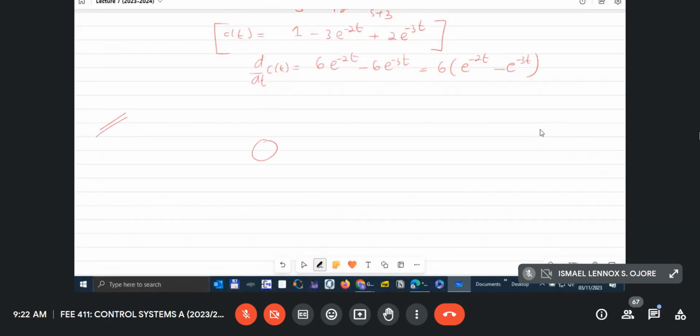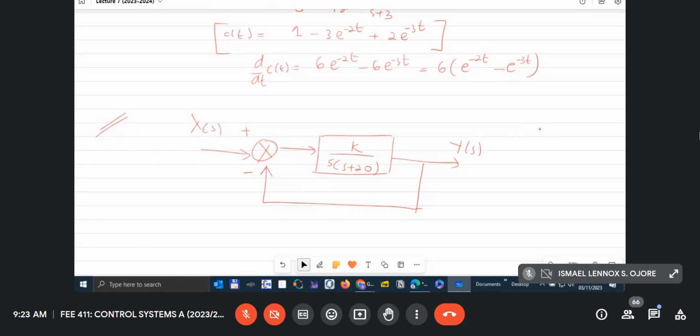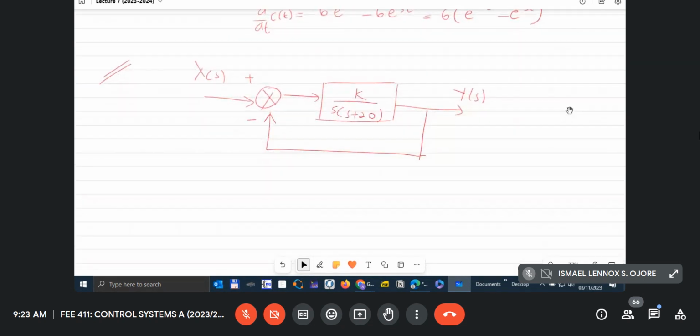So let's do another example. You are given this figure, and the question is: reduce the block diagram to derive the transfer function of the system.